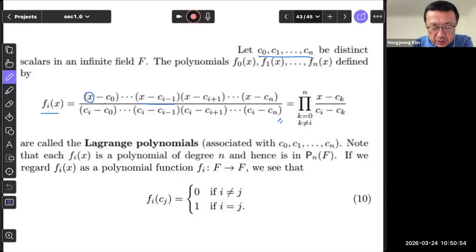And in the case of this f sub i function, I skip x minus c sub i. So from x minus c sub i minus 1, I jump to x minus c sub i plus 1 up to x minus cn. And in the denominator, x is replaced by c sub i. Here I'm assuming that c naught up to cn are all distinct numbers, so the denominator is not zero.